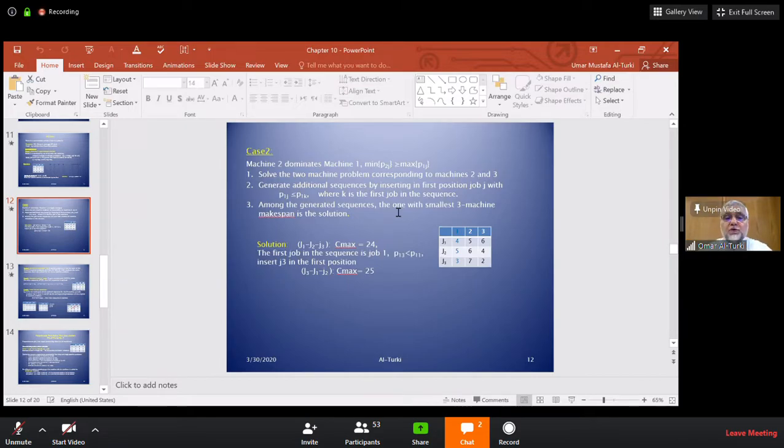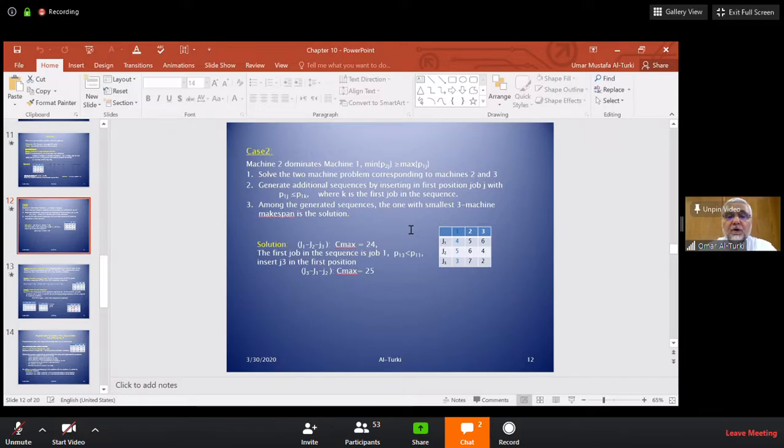The first sequence you generate is by applying Johnson on the second and the third machines, ignoring machine 1 completely. You will get a sequence 1, 2, 3, and the corresponding Cmax is 24. Of course, this Cmax of 24 is coming from the original 3 machine problem.